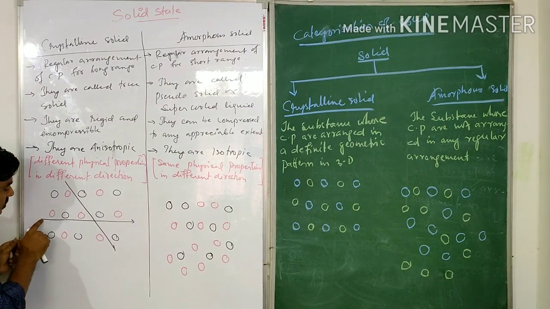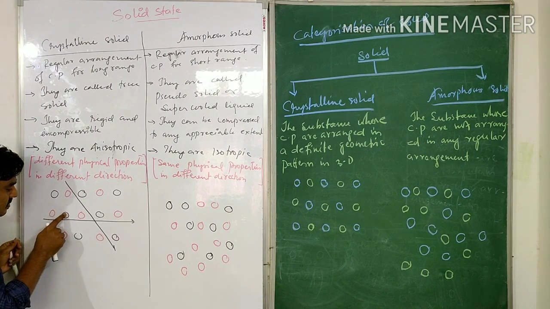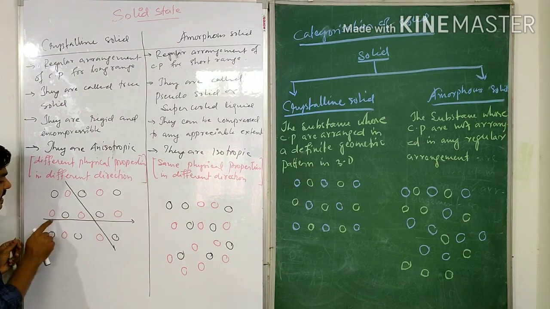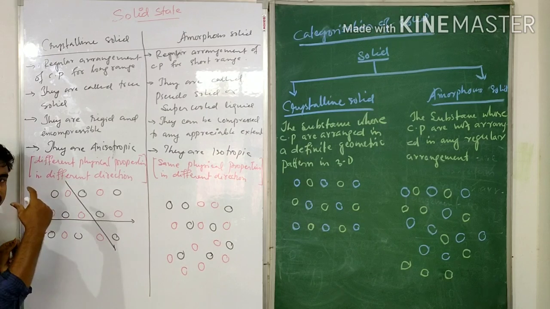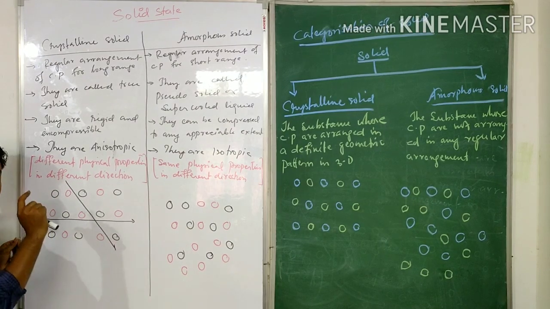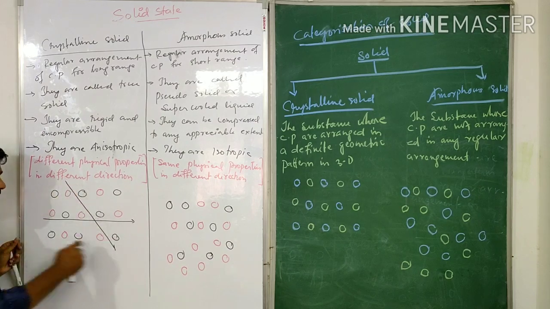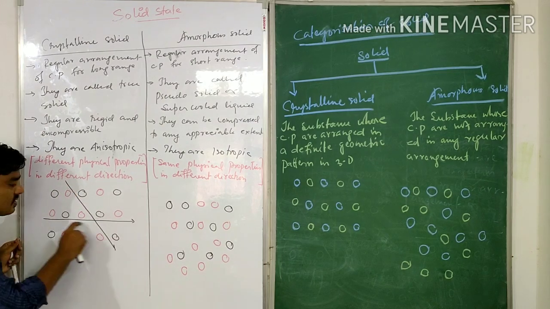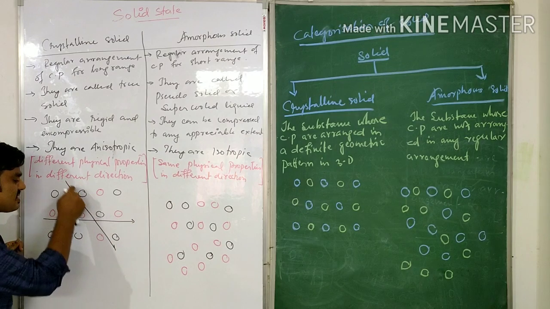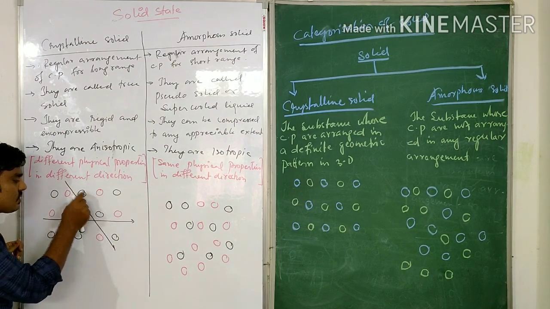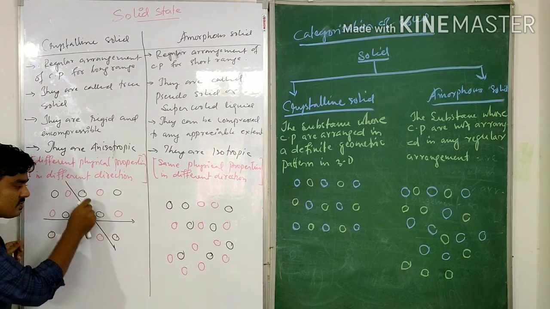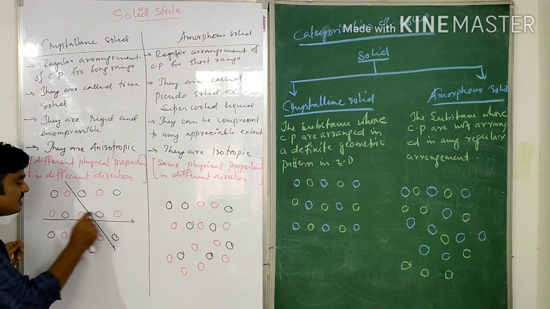But in this direction, you will face red, black. The red atoms have different properties and the black atoms have different properties. So as a whole, the result will be defined in this direction and in that direction. Whatever result you get in this direction will not be the same in that direction, because the atoms are different.